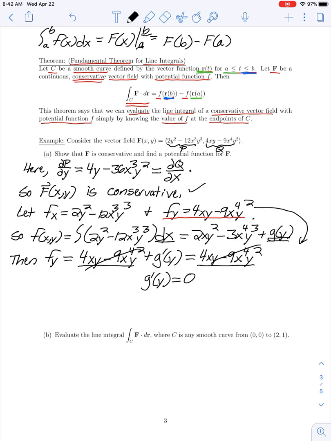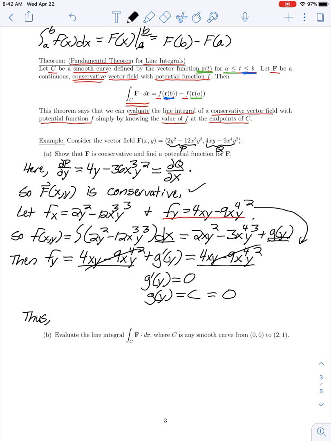So if the derivative of this function is 0, that means that the function g of y must be a constant. And if we want the simplest choice for our constant of integration, that is the simplest choice for a potential function, we could choose this constant of integration to be 0, as we did in that last example.